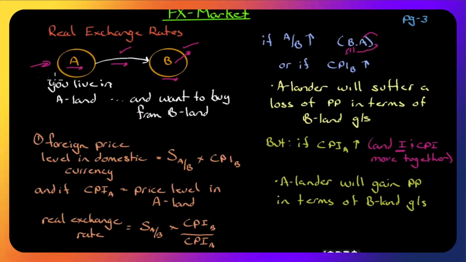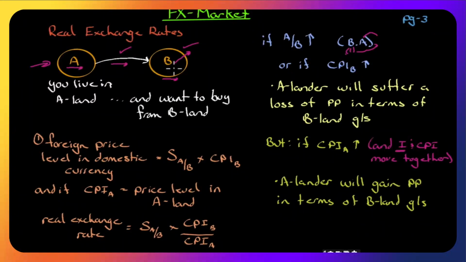So let's bring all three together now. Let's figure out what happens to purchasing power in terms of the CPI in A-land, the CPI in B-land, and the exchange rate. Is there a way to capture all three variables at one time? Yes, there is. Let's lead into this, and this is what we're going for down here, but I want you to see it intuitively. The foreign price level in domestic currency.